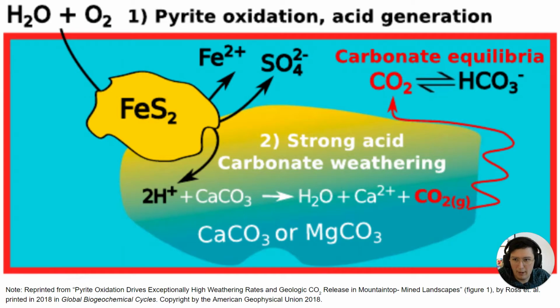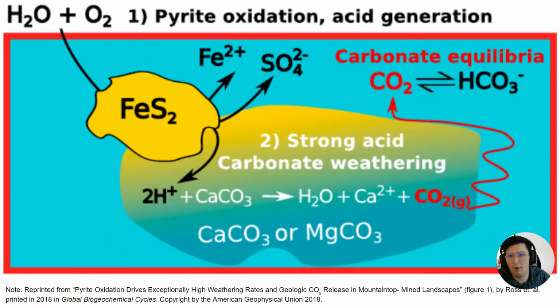Pyrite is that little golden nugget, that fool's golden nugget up on the top left. That is oxidized in the presence of oxygen and water. That gives off the sulfuric acid, which supplies hydrogen ions in solution. And then that, in turn, leads to enhanced weathering of those calcite minerals.